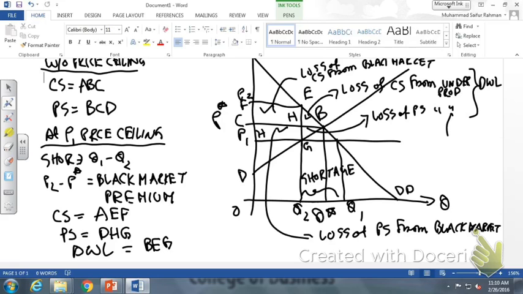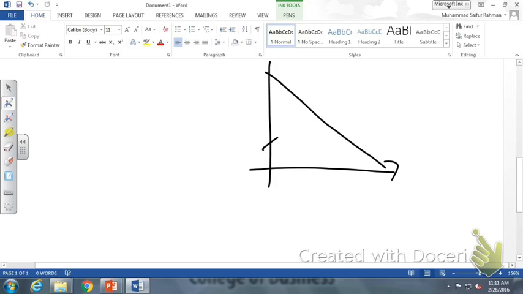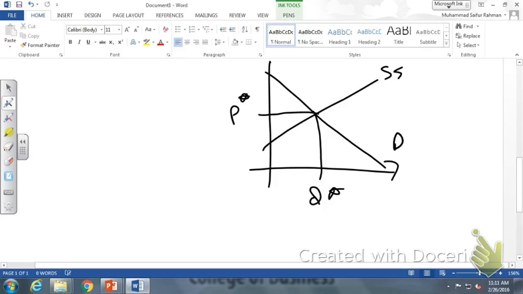Okay, the question that is important for your exam is the next one. I'm going to draw a graph, and we're going to come with a similar situation: P star, Q star, supply, demand. But now my price ceiling is set at P1, which is above the market equilibrium price.